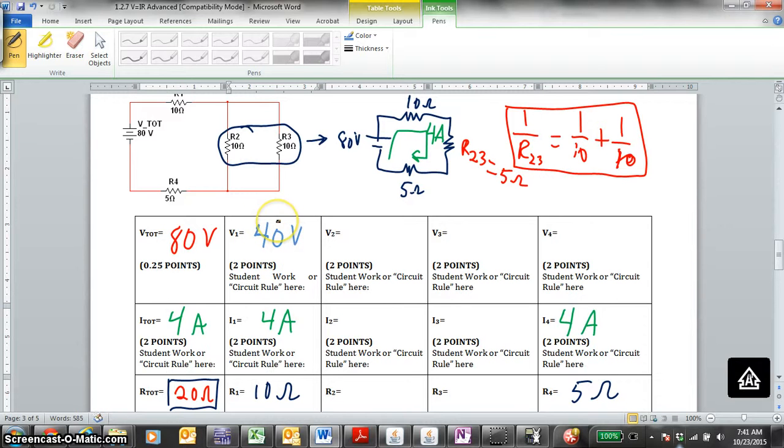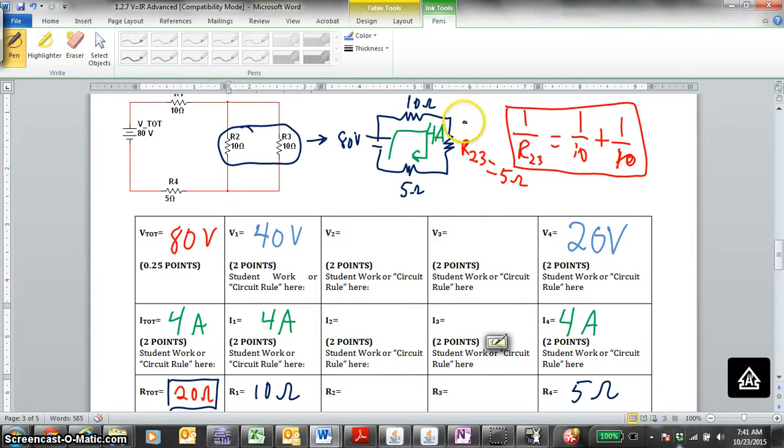And then for resistor 4, V equals IR. The resistance of resistor 4 is 5 ohms. The current through resistor 4 is also 4 amps because these are configured like this. We're just redrawing the circuit. 20 volts.